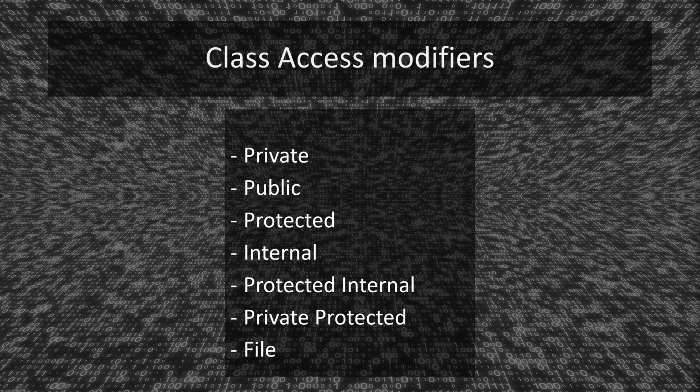That's why there is this keyword file. And this keyword file means if I declare my class as file, it's only accessible within these 2 or 3 more classes that exist in the same file. This is the purpose of the file keyword. So with these out of the way, let's get into code and see each one in details and in code.